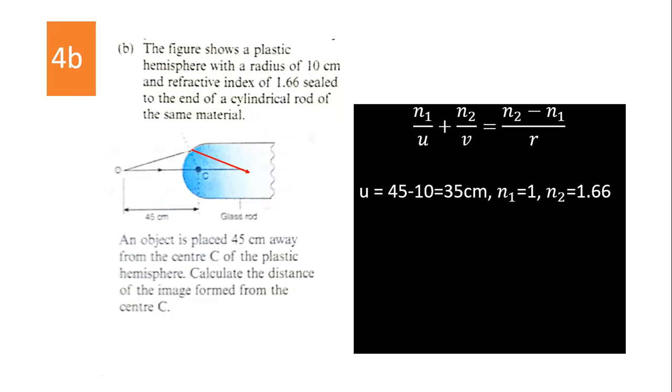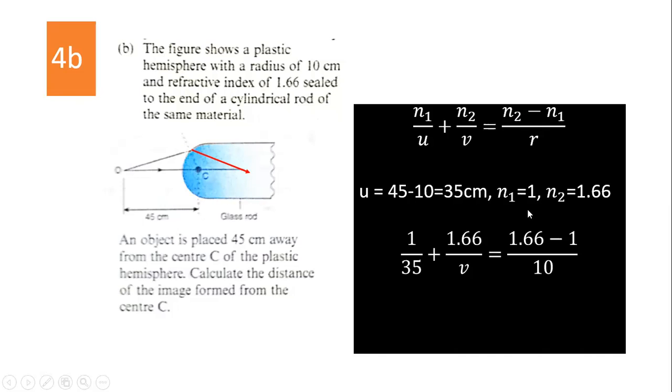U, okay, U is from here, from here, not from the center. That's why I subtract 10 and put in the formula. Right, N1 is 1. U is 35. N2 is 1.66. V is what we don't know. That is your V from here.